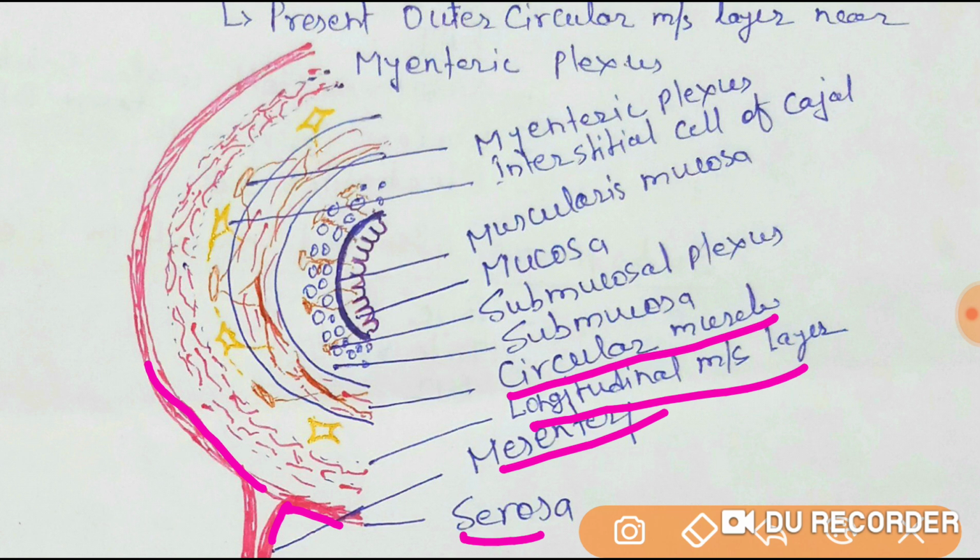In the longitudinal and circular muscle layers, two types of nerves are present.